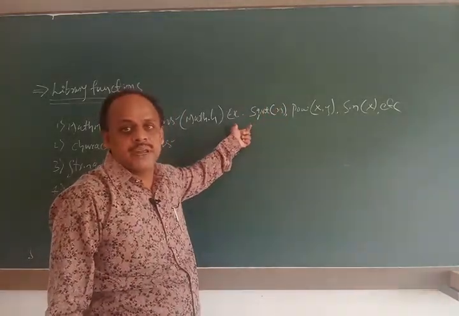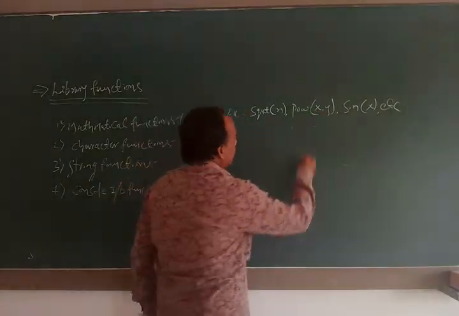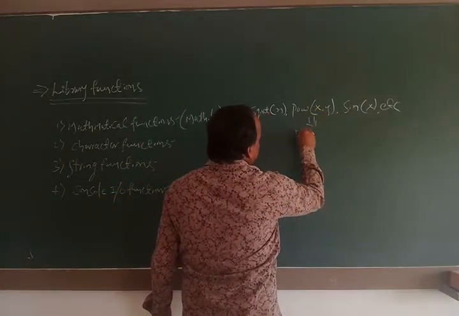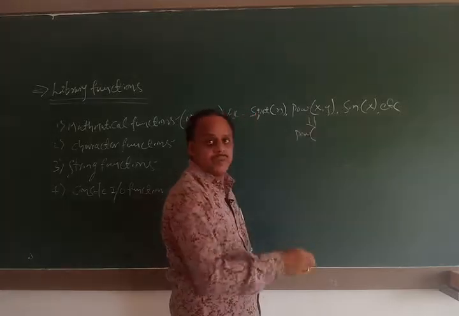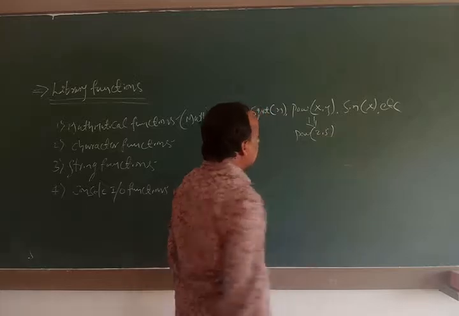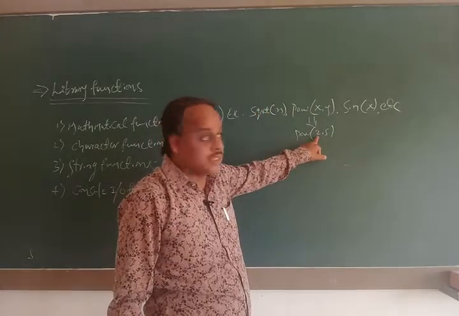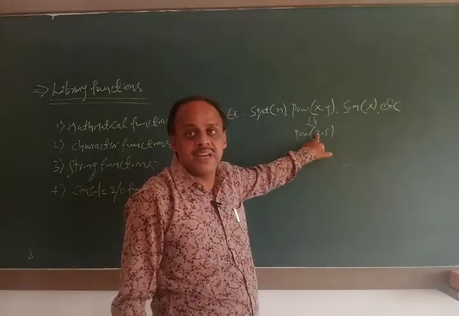pow of x comma y means we have to enter two numbers, for example 2, 5. The first number's power is found.